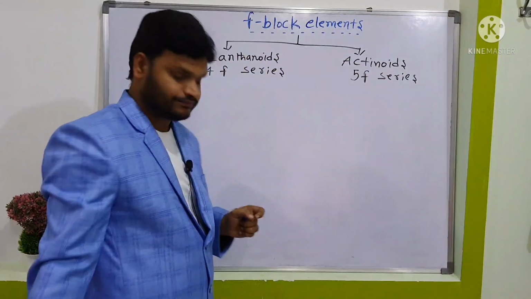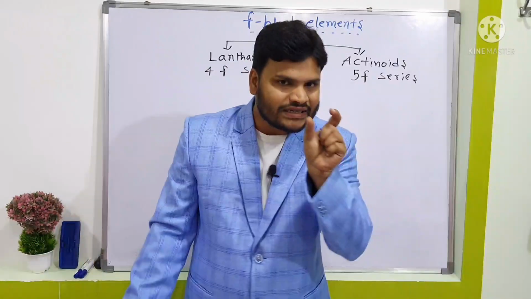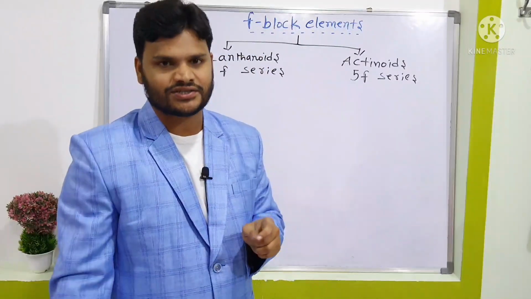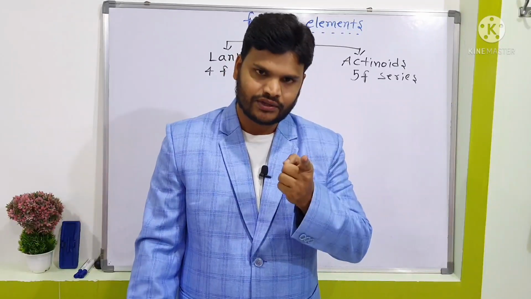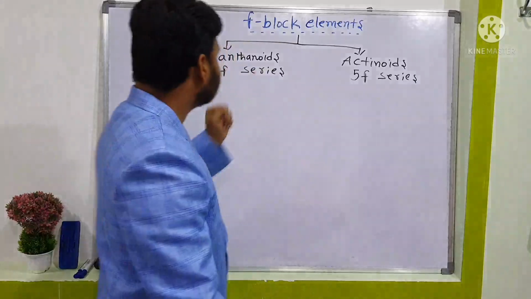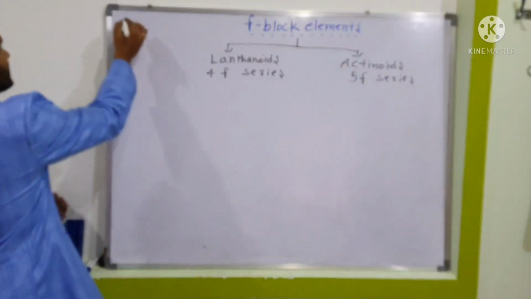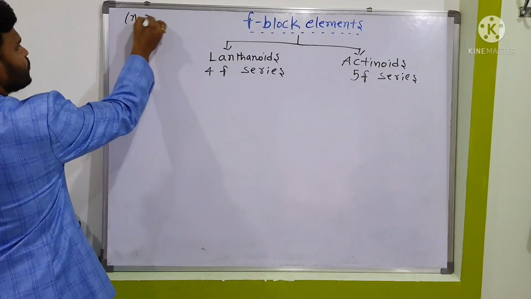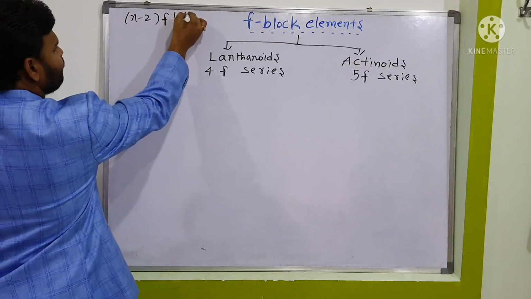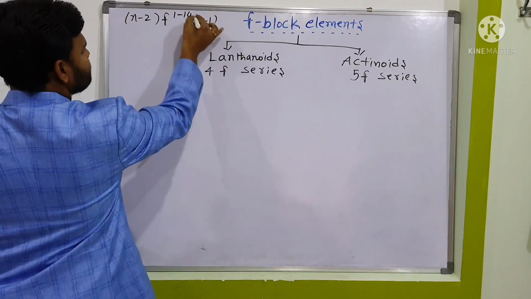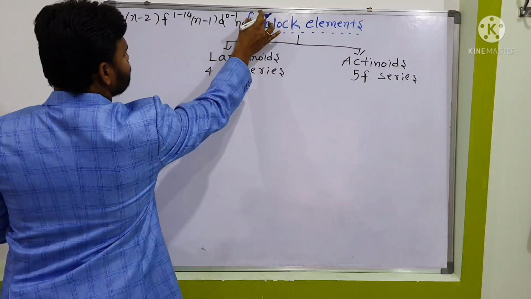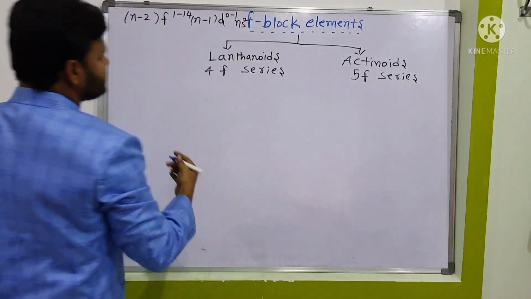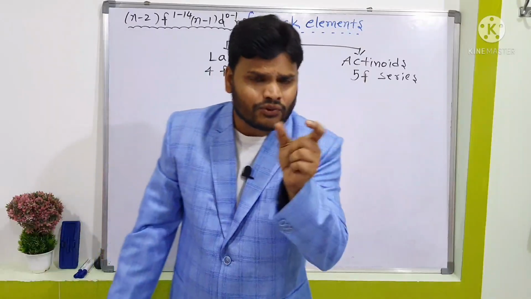First we need to discuss the general electronic configuration of F block elements. The general electronic configuration of F block elements is (n-2)f 1 to 14, (n-1)d 0 to 1, ns2. But what about lanthanoids?